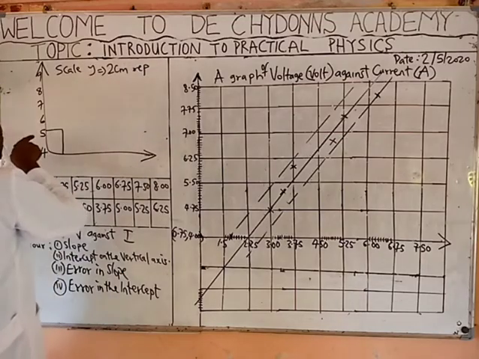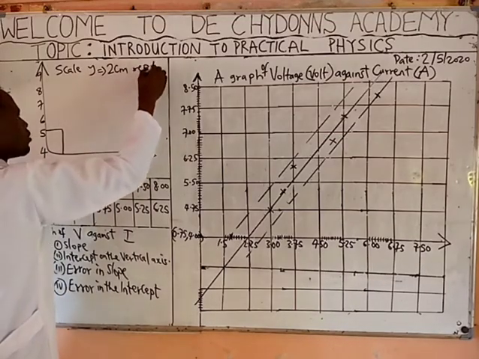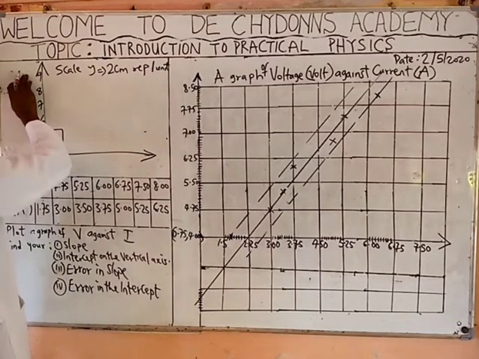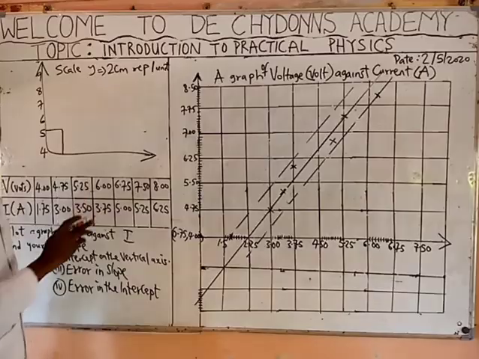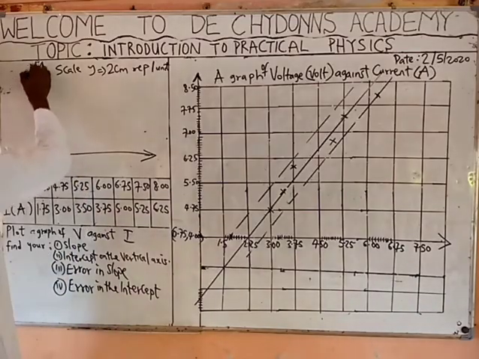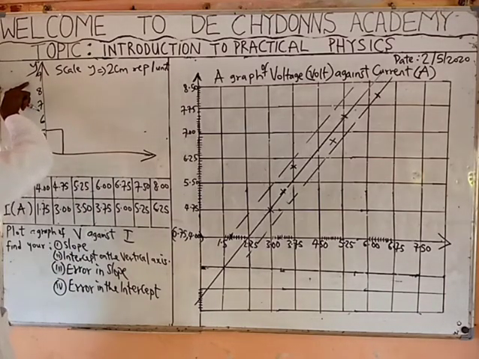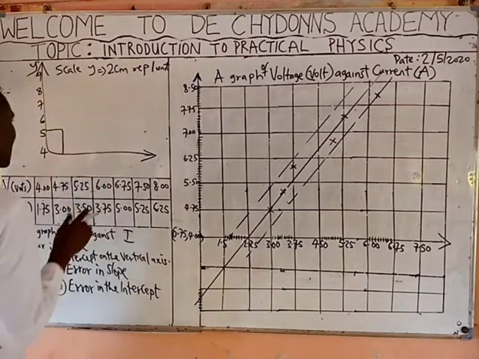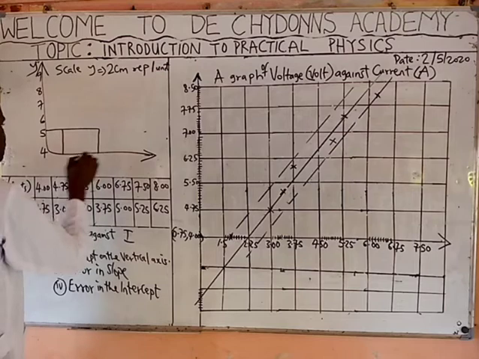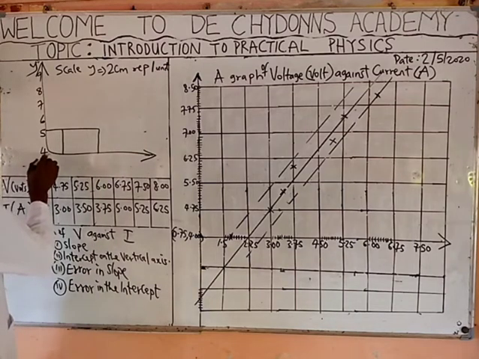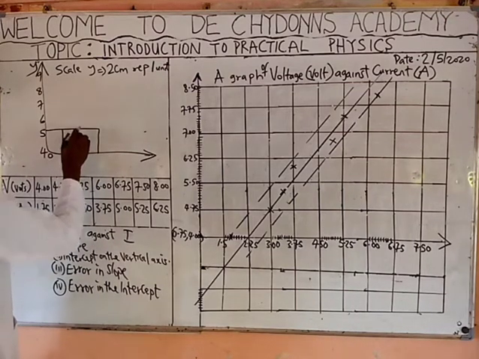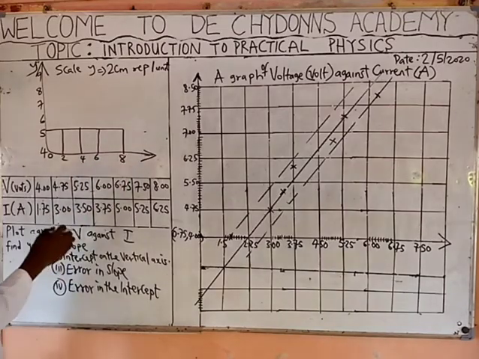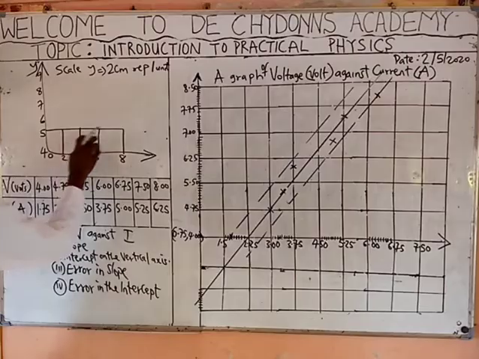represents 5 minus 4, 1 unit. The unit of your vertical axis, attach it, very important. So if the vertical axis is Y and it has no unit, you just put 1 unit. Then if the horizontal axis is 0, 2, 4, 6, 8, you can see that each of these is 2 cm.